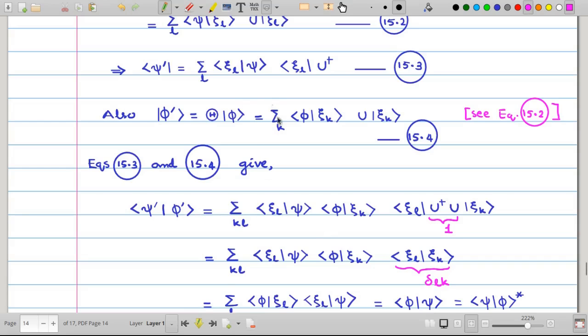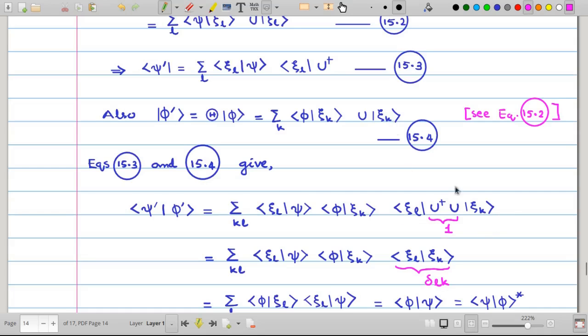So you replace the bra psi dash by equation 15.3, and the ket phi dash by equation 15.4, and that will result in the sum over k and l, then this coefficient, that is the inner product of c_l with psi, then this coefficient, the inner product of phi with c_k, then the bra c_l U dagger, then U |c_k>.